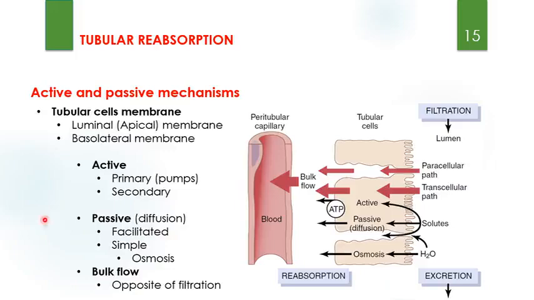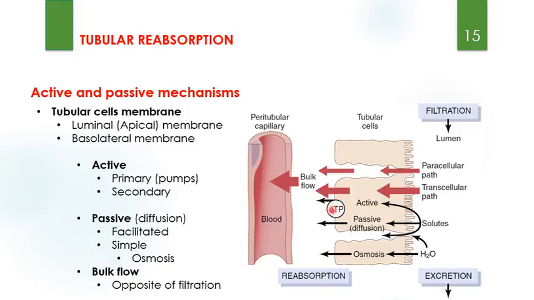Tubular cells have two main sides: the luminal or apical side, with the apical membrane, and the basolateral side, with the basolateral membrane. These two sides are separated by tight junctions that connect the adjacent cells together. Active mechanisms include primary and secondary mechanisms.